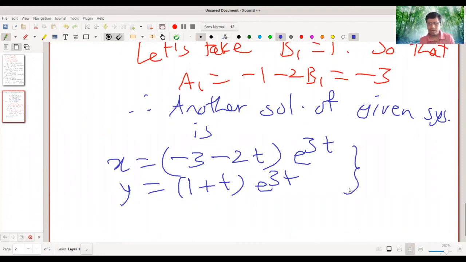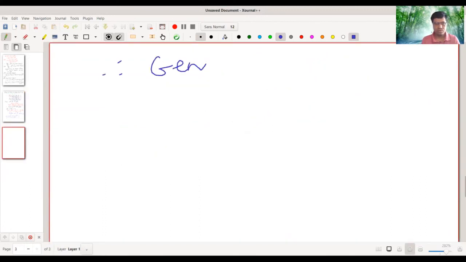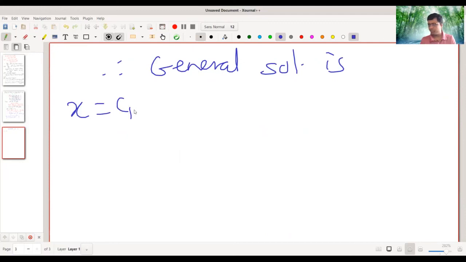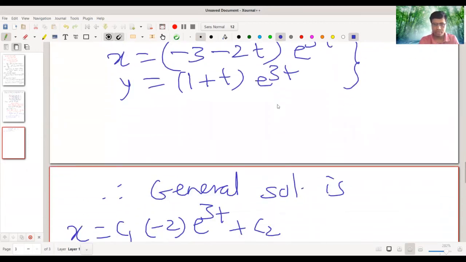Okay, now we can combine these two solutions and provide the general solution. Therefore, the general solution is x equal to c1 into the first solution. The first solution was minus 2 e raised to 3t. So c1 into minus 2 e raised to 3t plus c2 into this solution, minus 3 minus 2t, e raised to 3t.